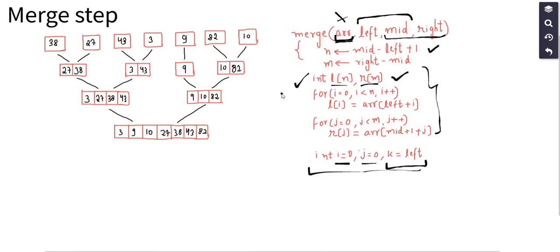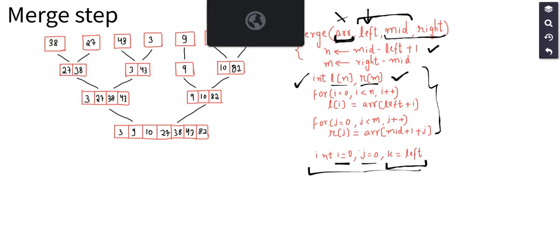These two independent arrays, L and R, are sorted, but we want to combine them to make a single sorted array. That's why we use this pointer k which starts from left, because this pointer will point to this array, as this array will store the combined results of these two auxiliary arrays. Let's see how it will be performed.